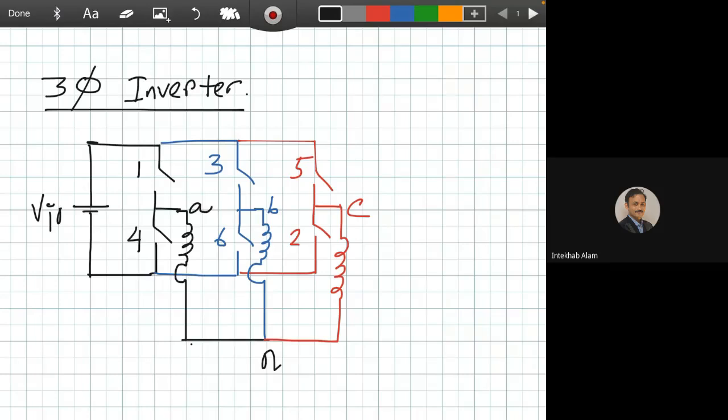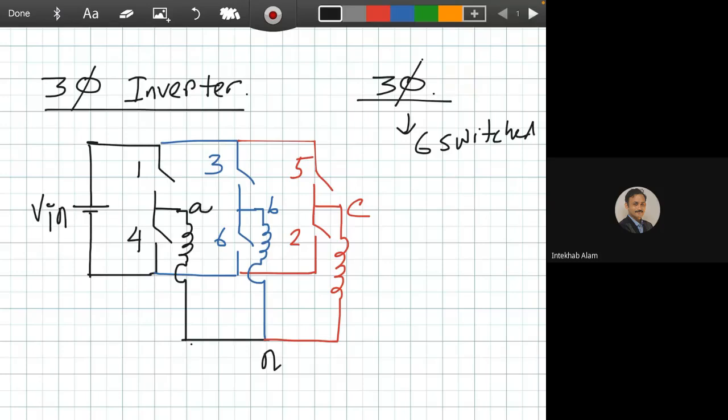Okay. Since it is 3-phase, it requires 6 switches. Why? Sorry, it should be 6 switches.